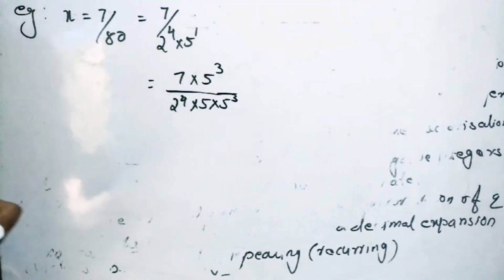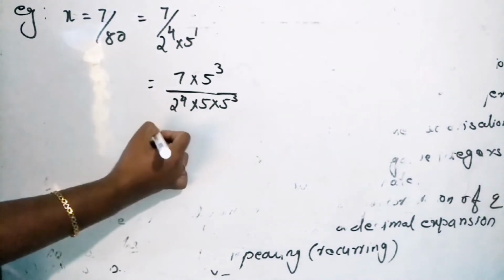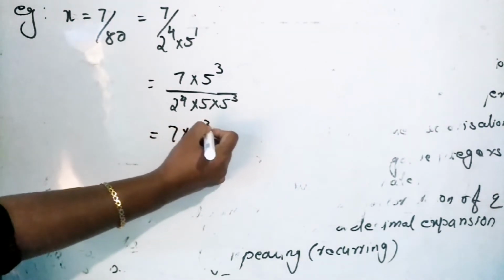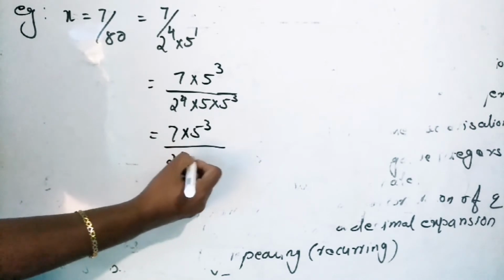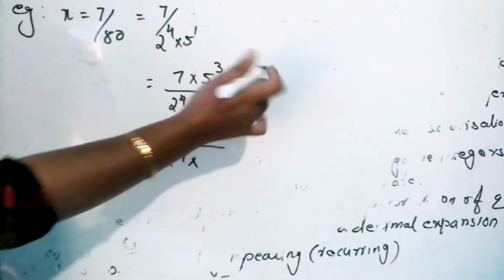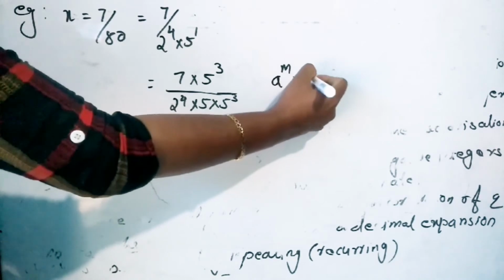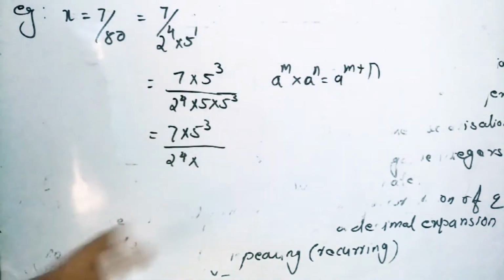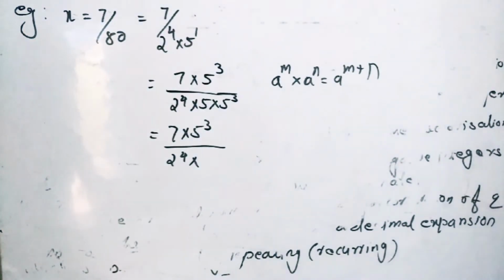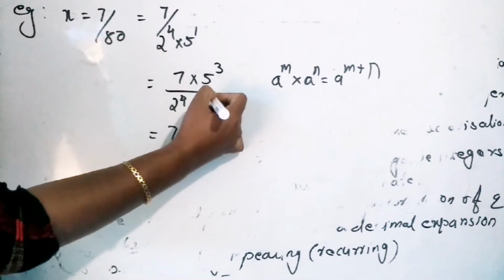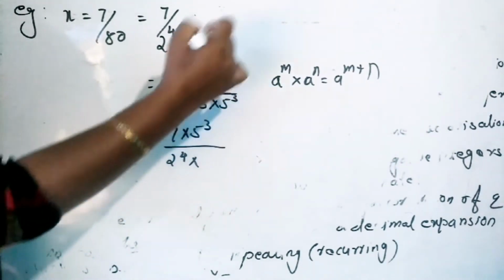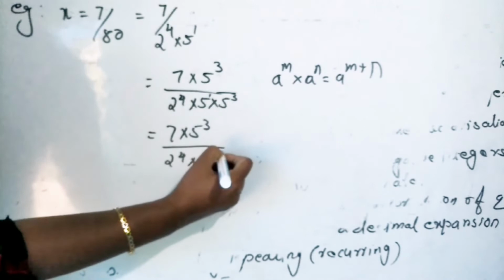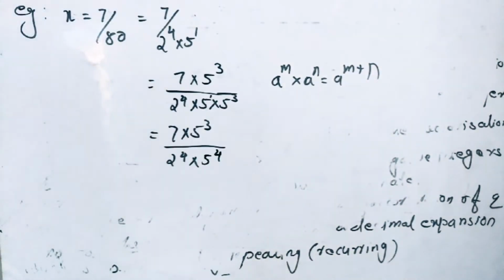This is equal to 7 into 5 cube divided by 2 raised to 4 into 5 raised to 1 into 5 raised to 3. a raised to m into a raised to n is equal to a raised to m plus n. So 5 raised to 1 into 5 raised to 3 is 5 raised to 1 plus 3, that is 5 raised to 4.